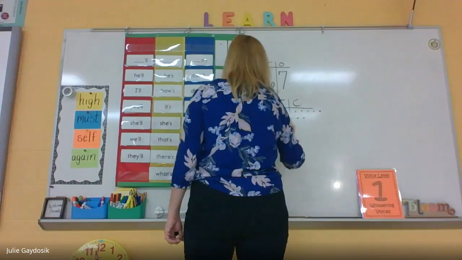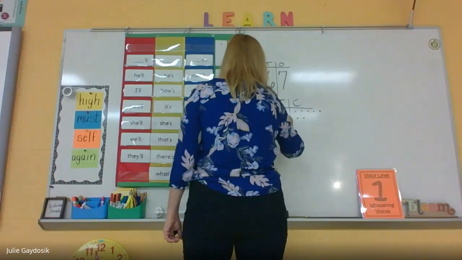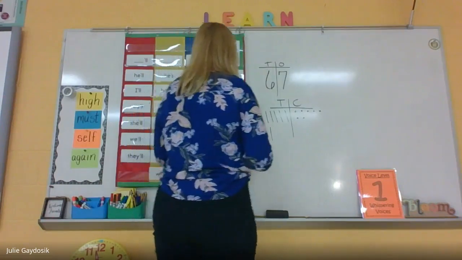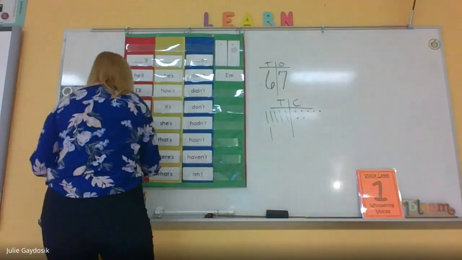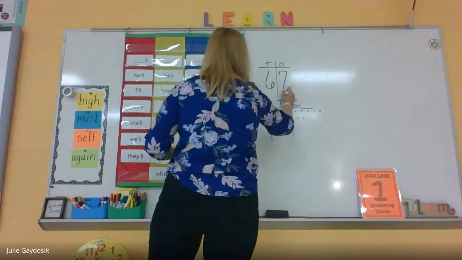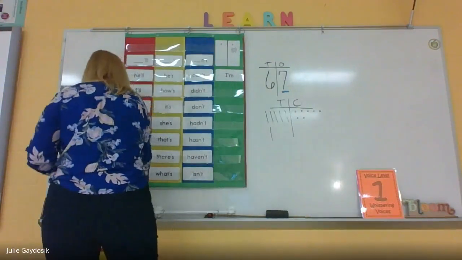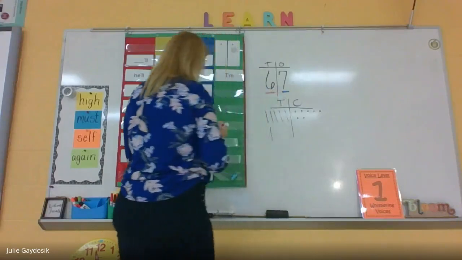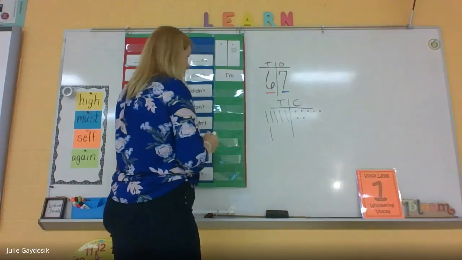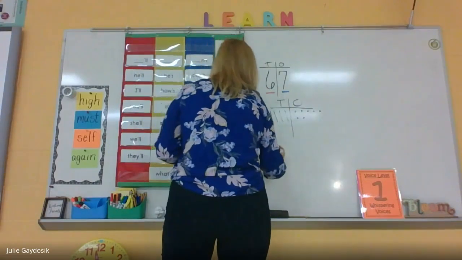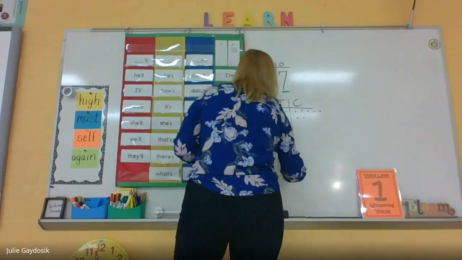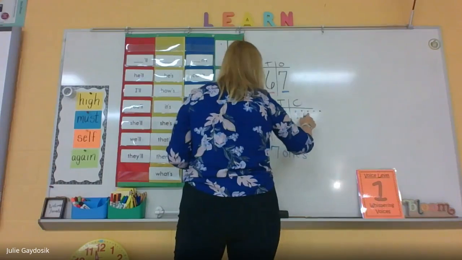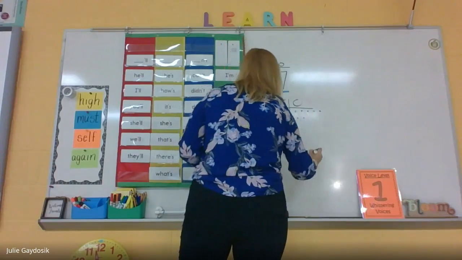5, 6, 7. 1, 2, 3, 4, 5, 6. Okay, and if I was determining the value of both, so here, 7's going to be blue, 6 is going to be pink. Okay, 7 is worth the ones, so that's 7 ones, and you count by ones. 1, 2, 3, 4, 5, 6, 7.